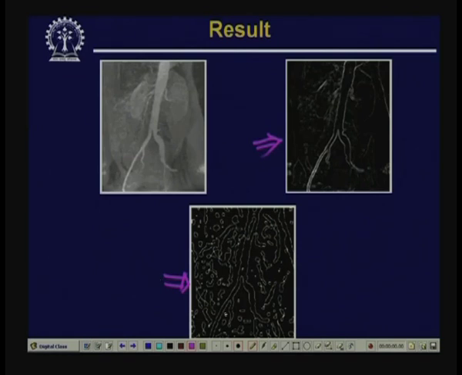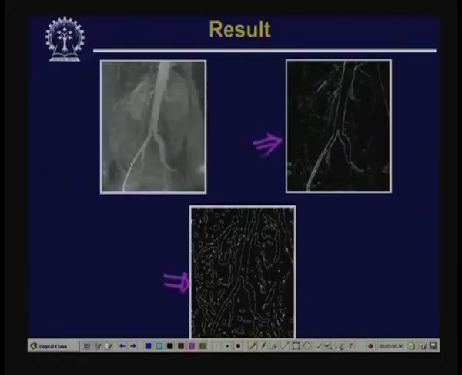Here you find that all these bright edges are actually the locations of the edges present in the original image. So, this establishes, as we said earlier, that the LOG operator, the Laplacian of Gaussian operator, can determine the location of an edge present in an image.